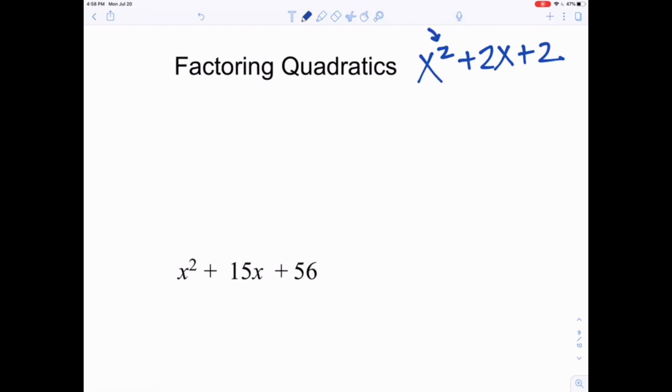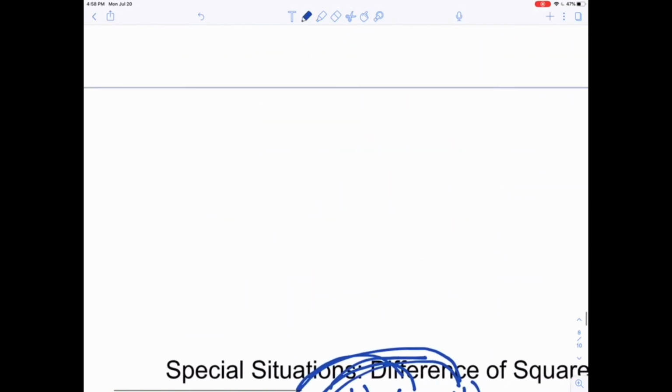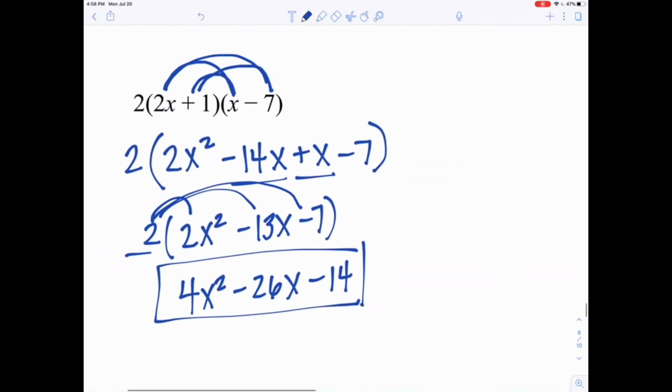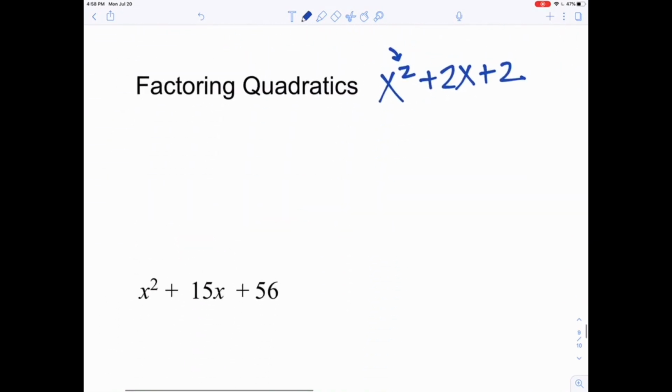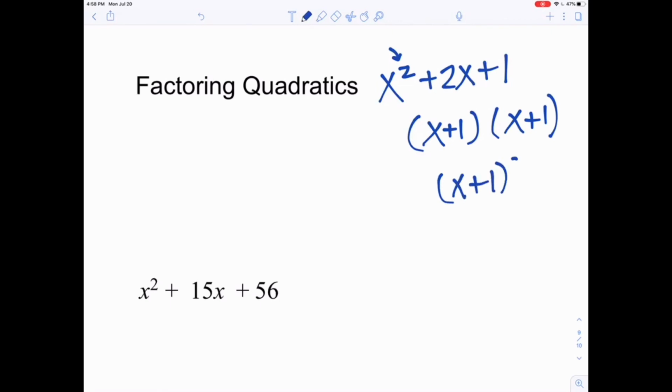Now the same way that something multiplies to become this, the way we did with the foiling, we can go backwards. We can go the other way, from this to something with parentheses. Okay? So in this one, this would be x plus 1, x plus 1, or x plus 1 squared.